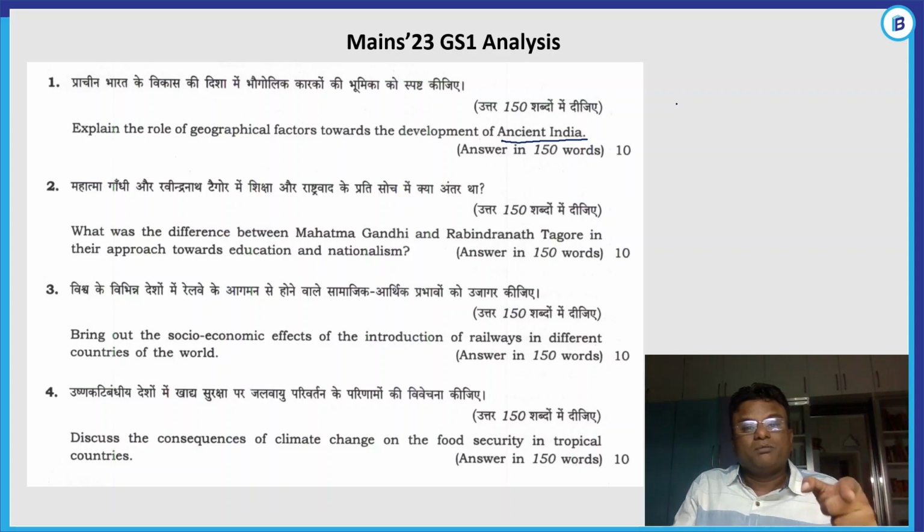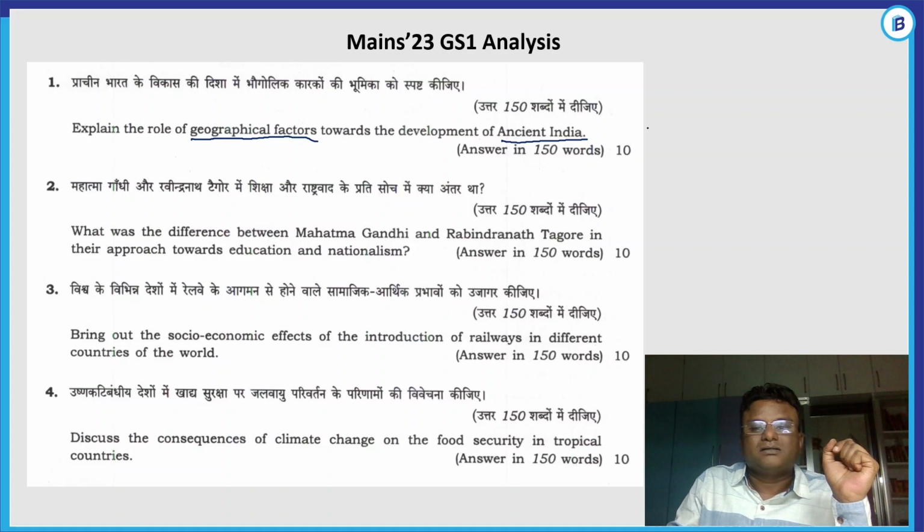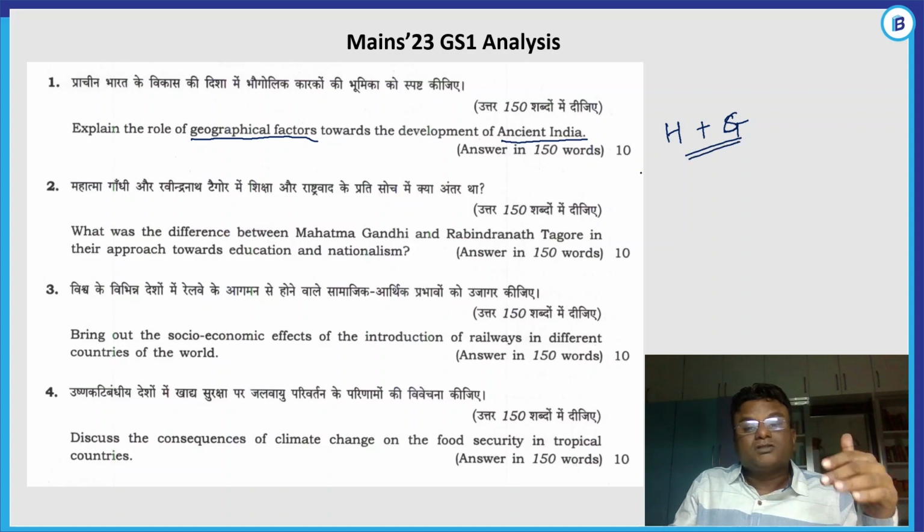But more importantly, the question is not directly about any specific point in ancient India. It is a generic question which says the role of geographical factors. So you can see that this is a history plus geography question, because this is not about a specific topic or any particular kingdom or empire or king or any process or administration of ancient India.